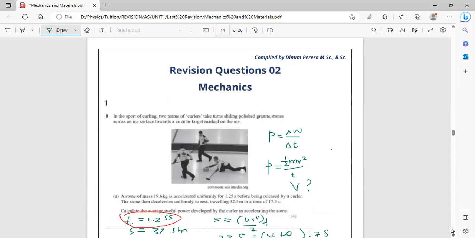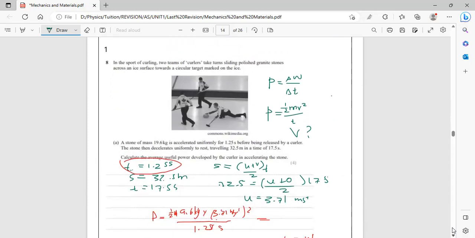Right, let's move to the next set of questions. In the sport of curling, two teams of curlers take turns sliding polished granite stones across an ice surface towards a circular target marked on the ice.